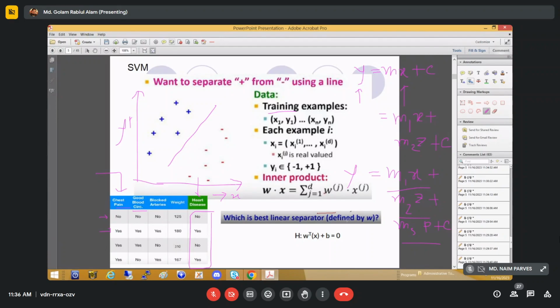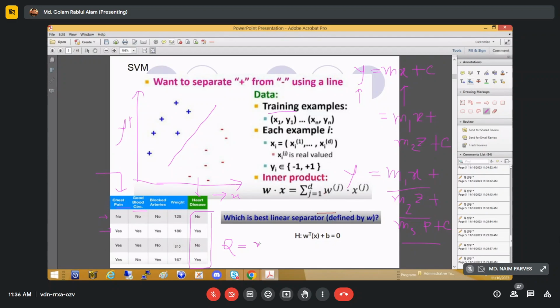So now the same thing we can also write a different way. Like we can say our prediction is q. This is our prediction, and we want to predict this based on our x, y.